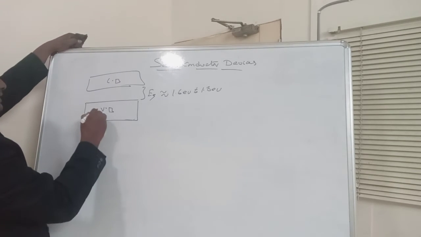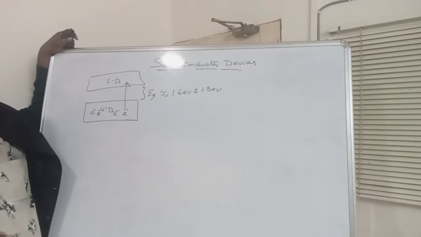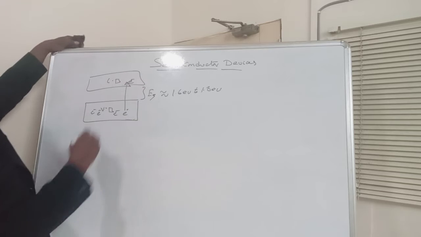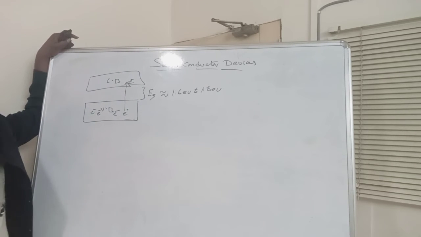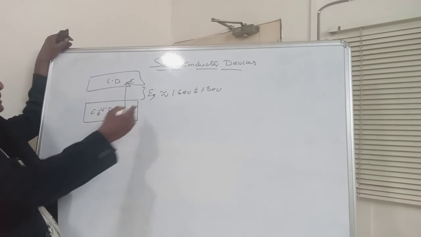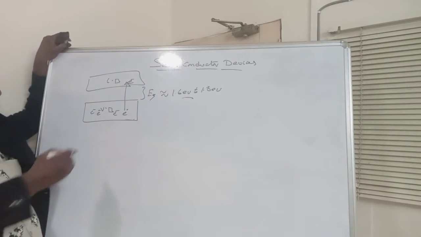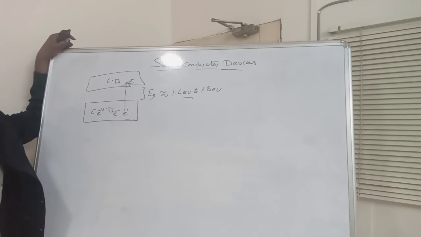If you give this much energy, electrons will jump from valency band to conduction band, and the semiconductor will act as a conductor. Otherwise, it will act as an insulator.